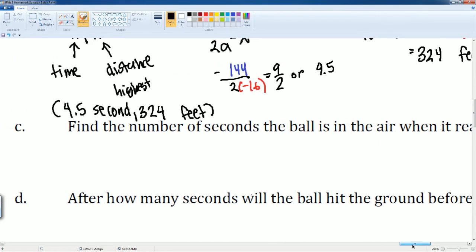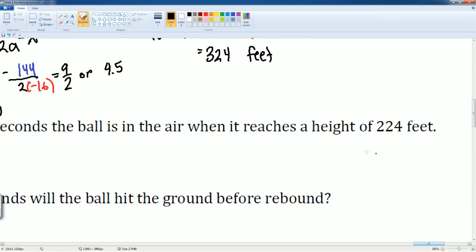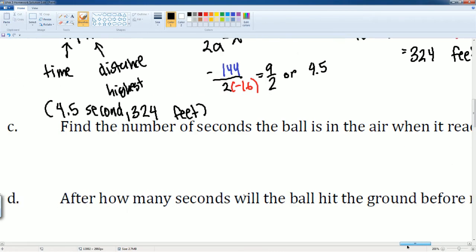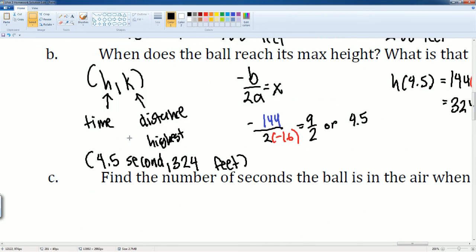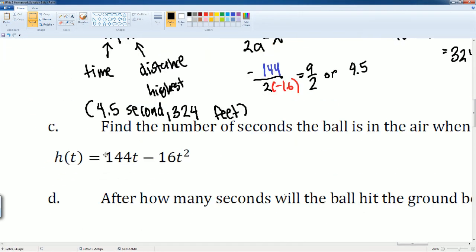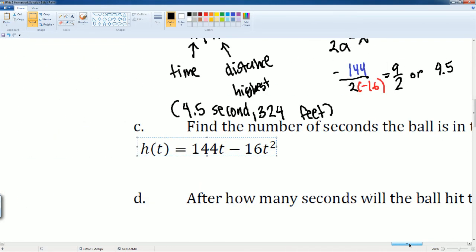Well, that one, we know that when it says the height of 224 feet, this is the y, 224 feet. Okay, so that is the output. So we have our original equation right here, and it already told us this is when it is at 224 feet.